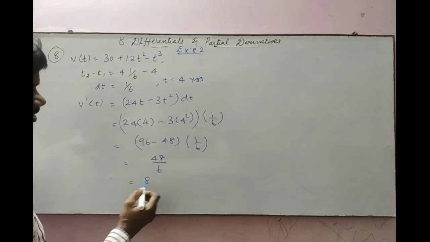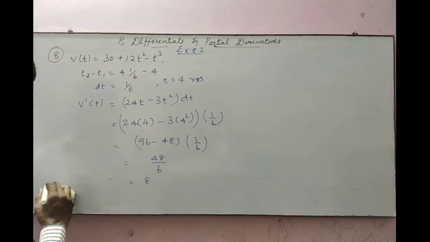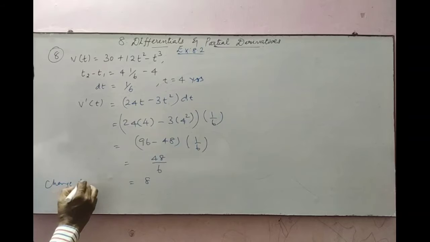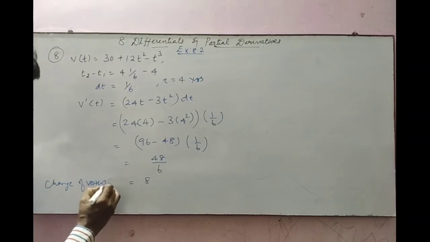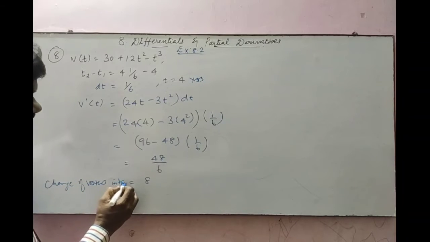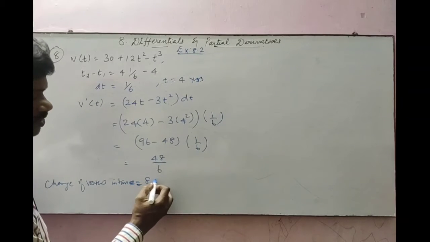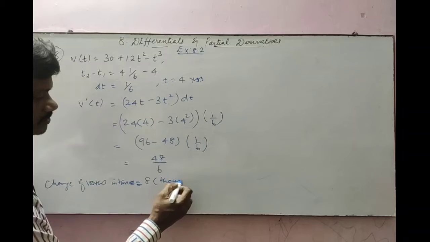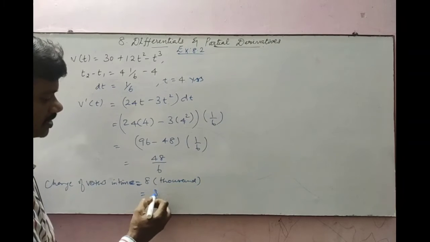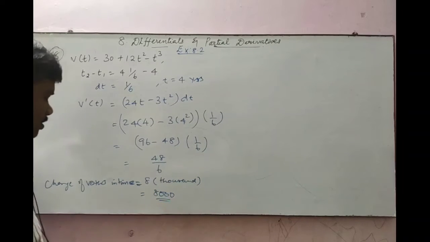If you cancel this, you will get 8. So the change in voters in the given time is 8,000. Here the question is given in thousands. So the answer is 8,000 voters.